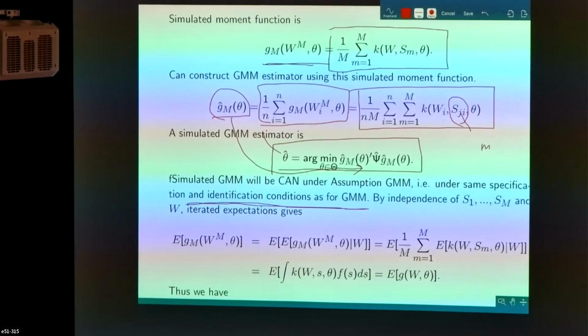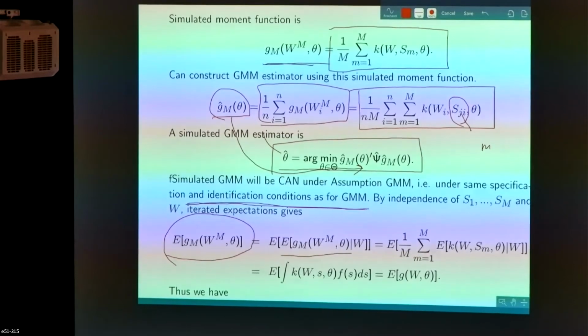You can easily see that if you look at the expectation of these moment functions. You just take iterated expectations, looking at the expectation conditional on the data of the simulated average of these K functions.